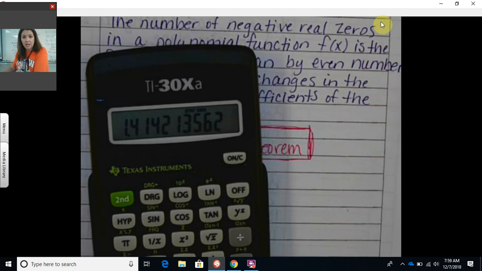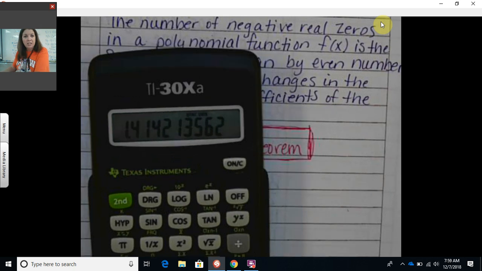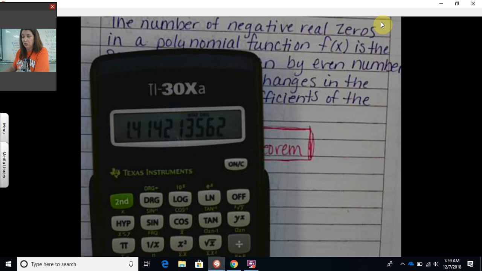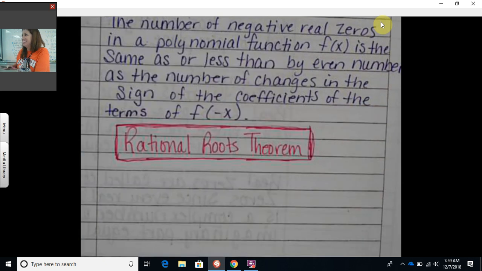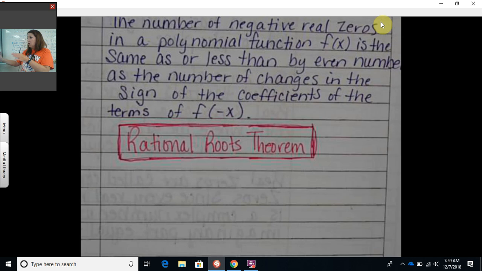It does not terminate. The only way to turn that into a fraction is if I rounded it. So the square root of 2 is not considered rational. If you have to round it to turn it into a fraction, we don't call that a rational number. The square root of 2 is a real number, the square root of 3 is a real number, but they're not rational. So this list only tells us our possible rational real roots.